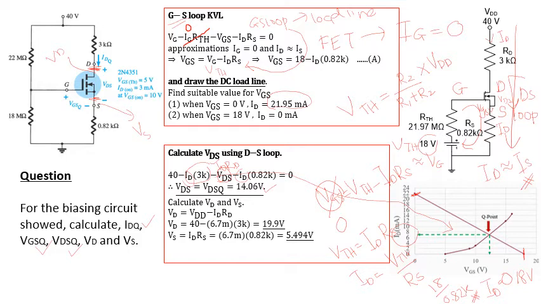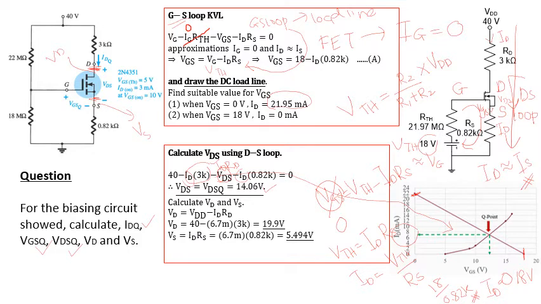Sometimes the question can give you a straight to the point question, meaning that you have the value of the VDD, you have the value of R1, R2, and then you have the value of the RD, you have the value of the RS.